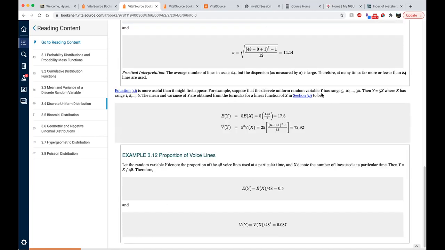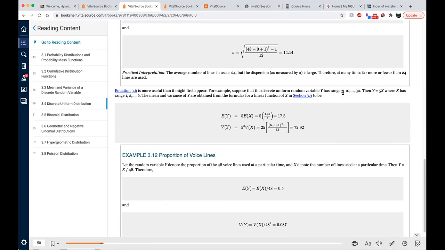But when you look at the y random variable, these are multiples of 5, not consecutive integers. So how can we express the values of random variable y in terms of a random variable whose range is consecutive integers? Y equals 5x.